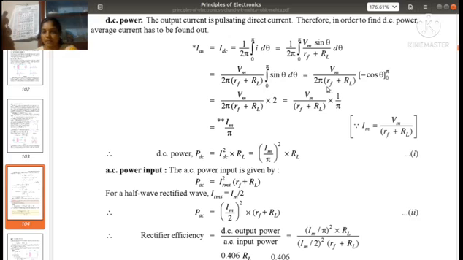So this term is the this term, and minus cos theta from 0 to pi. When we apply the limit, we will get minus cos pi minus of minus cos 0, which will give you 2.